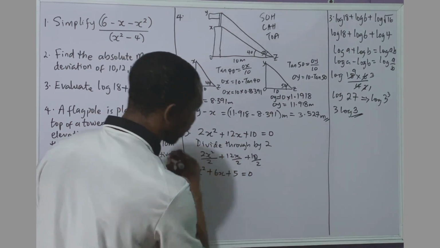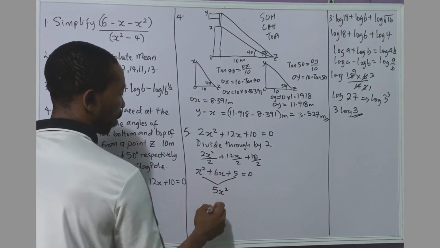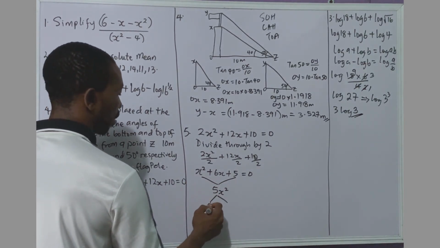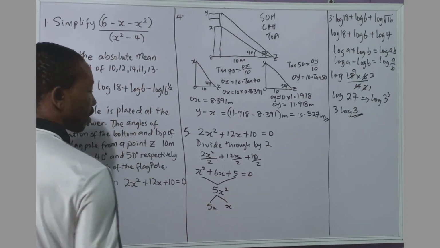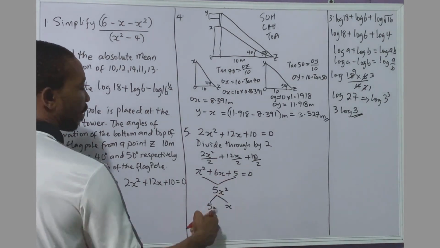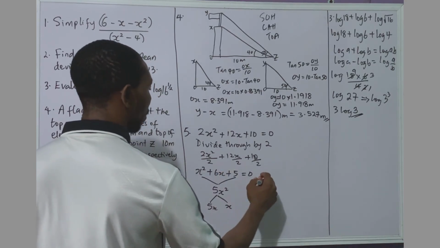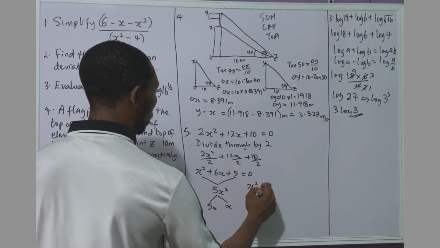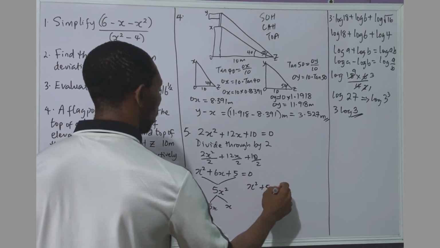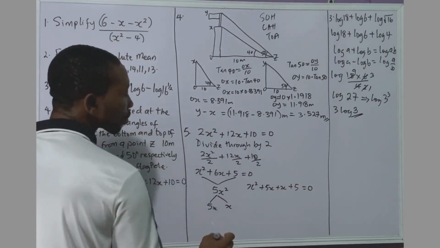So now factorizing, we have x squared plus 6x plus 5. Factors of 5 are definitely 5 and 1. So 5 times 1 is 5, and 5 plus 1 is 6. So that's perfect. So we now substitute. We have x squared plus 5x plus x plus 5 equals 0.